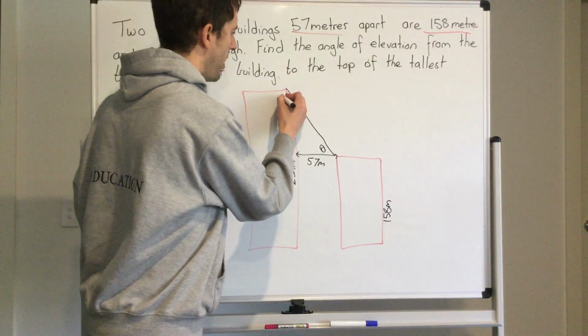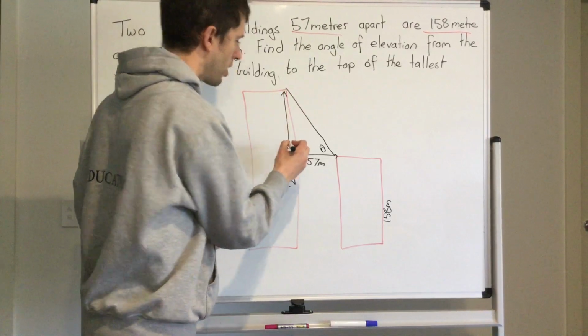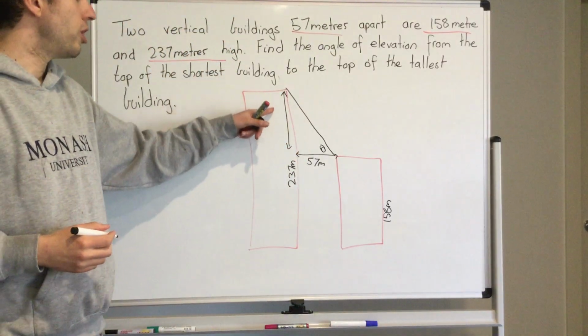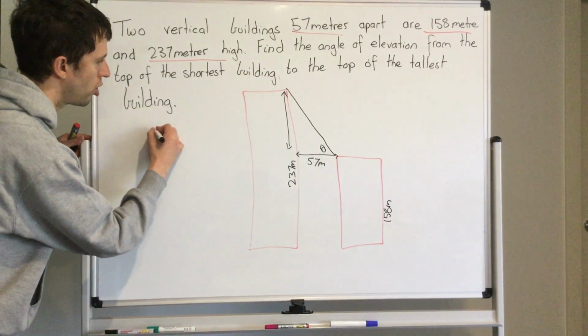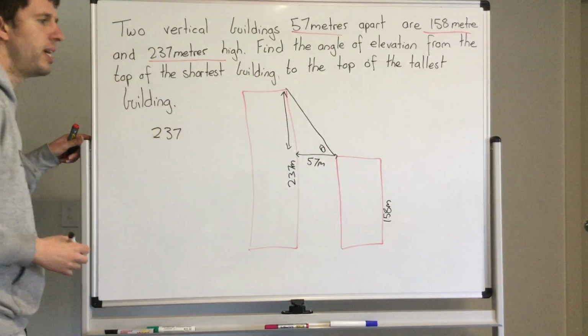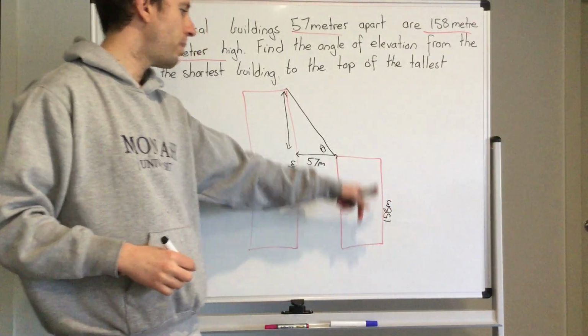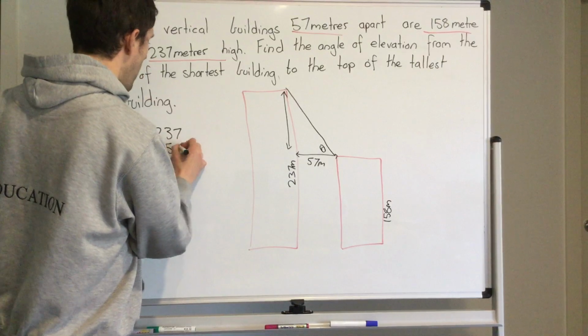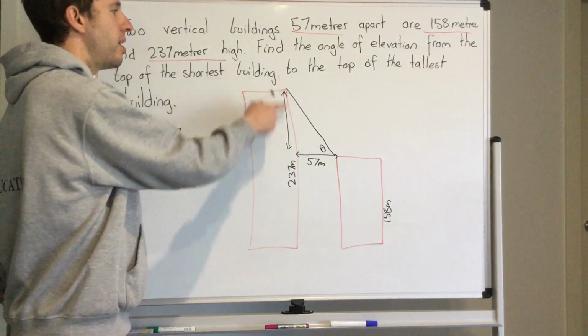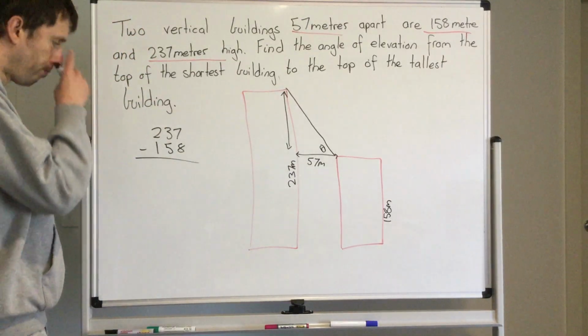I would like to find out this side. To do that, I use the height of my tallest building, which is 237, take away my shortest building, which is 158, and that will get me the difference in height.